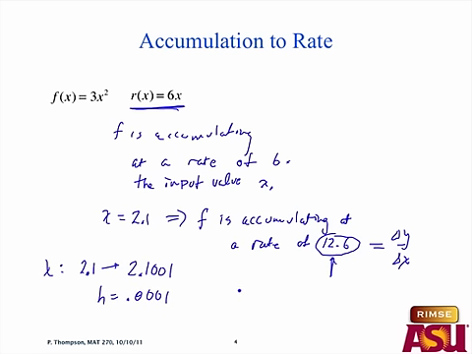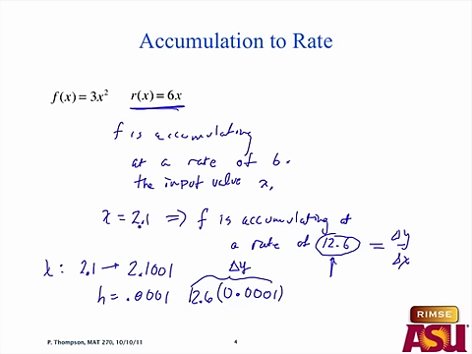That's it. So whoever said that before: if y is changing 12.6 times as fast as x, then the little bit of accumulation we'll get is 12.6 times the change in x. Again, the change in y is always 12.6 times the change in x when x is 2.1.